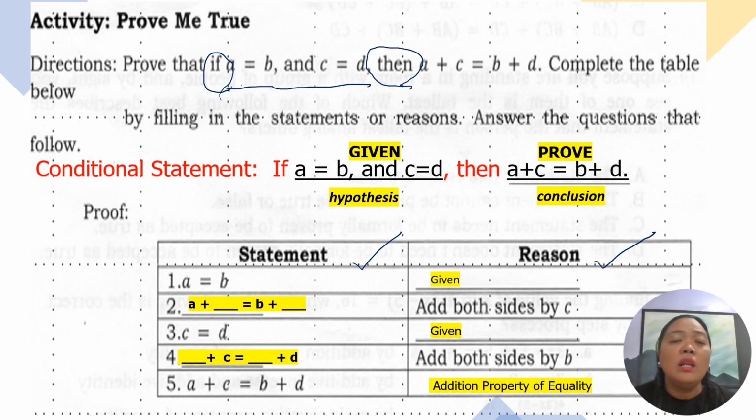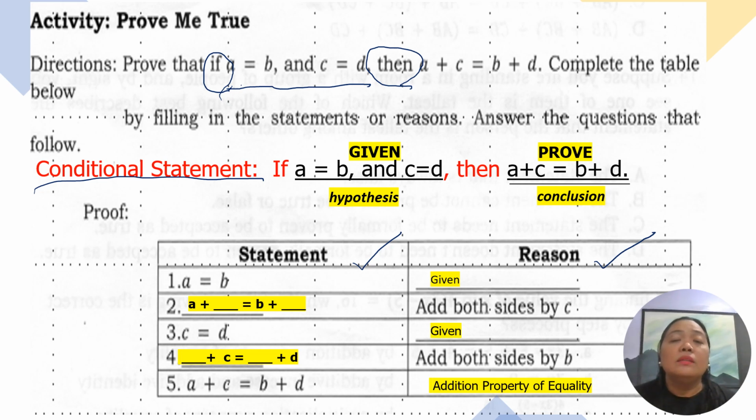If you can recall your lesson on conditional statements, in a conditional statement, we use the if and the then. The statement that follows if is actually the given, while the statement that follows then is something to prove.